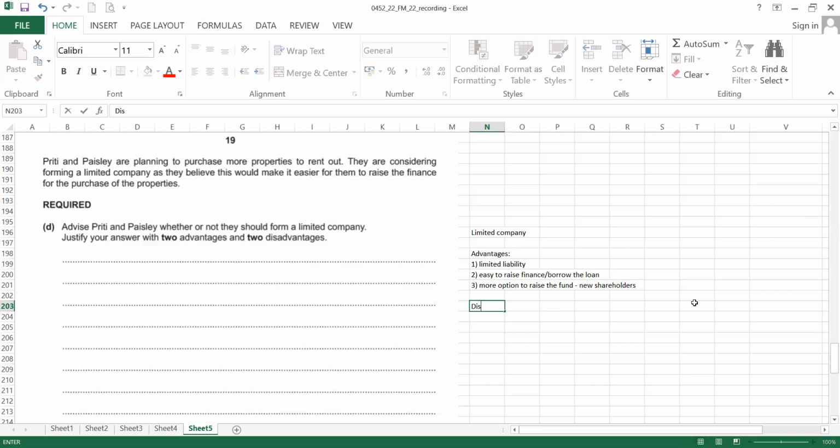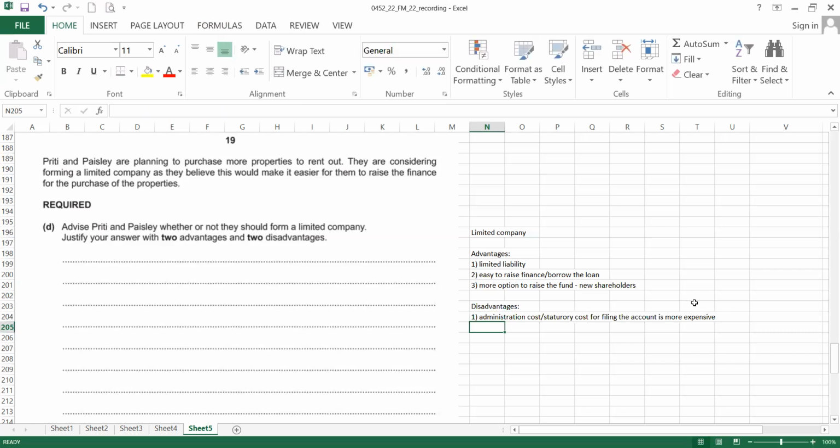But the disadvantages: the administration cost or statutory cost for filing the accounts is more expensive.